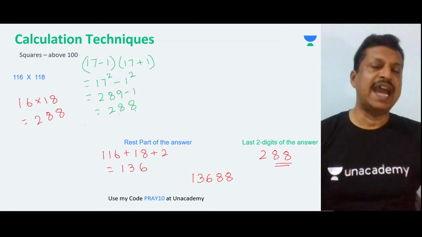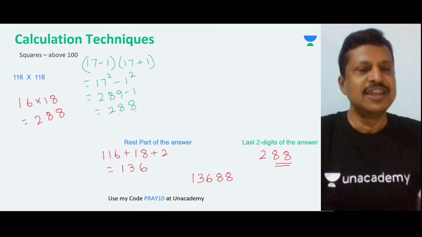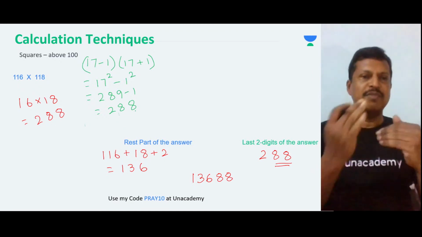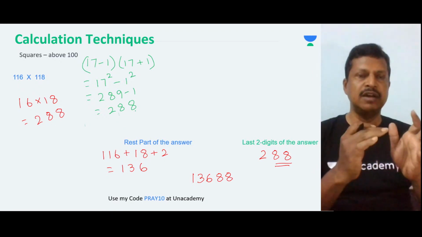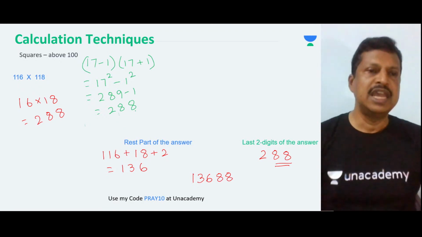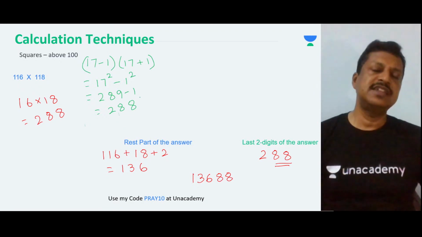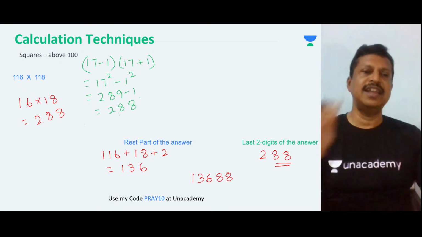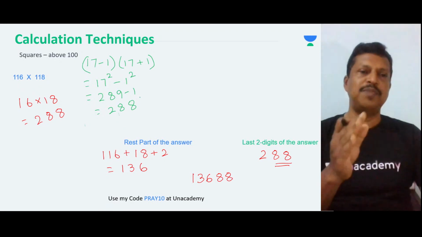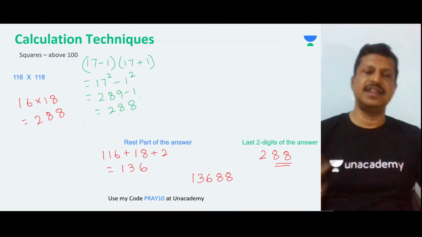Now I'll just tell you another way I have looked at. If you want to multiply, you can calculate in a very simple or comfortable number. So if I say 16 into 18, what I have done is 18 into 10 plus 18 into 5 plus 18 into 1.